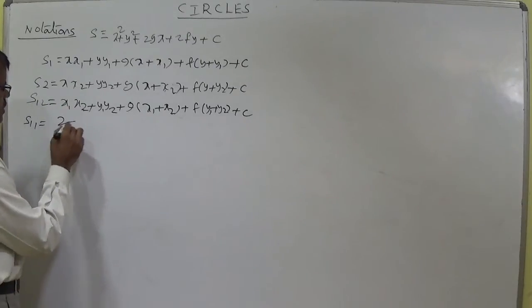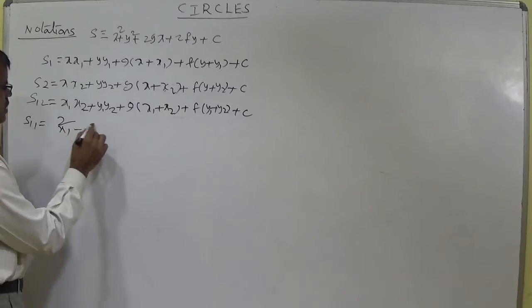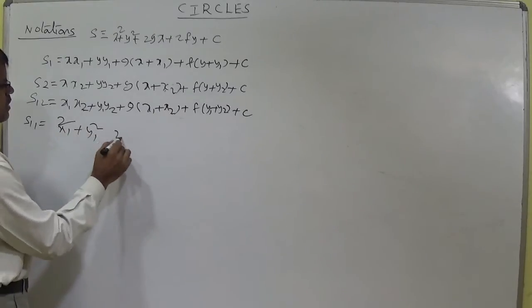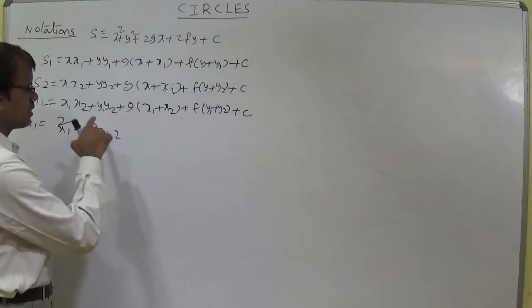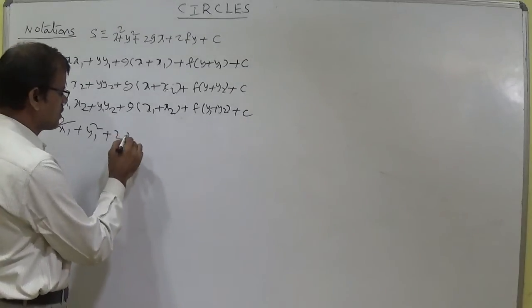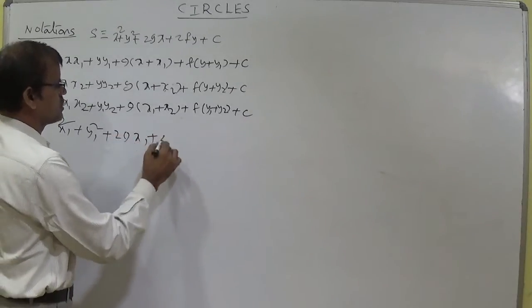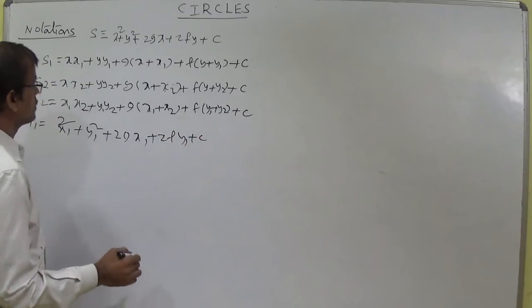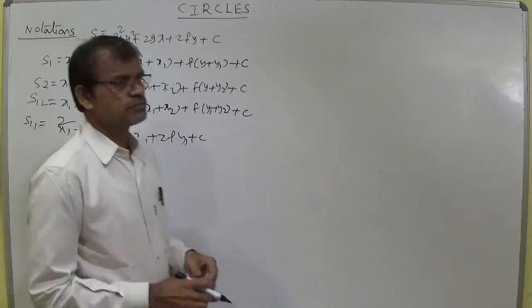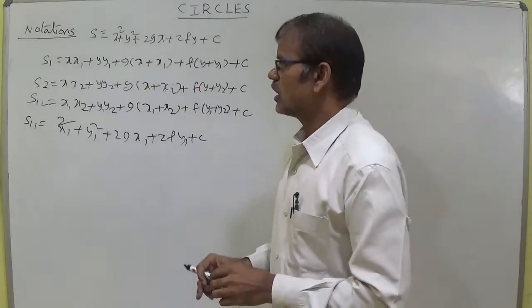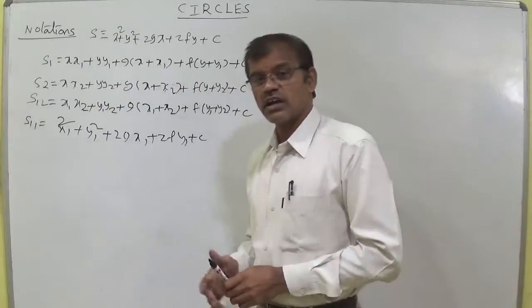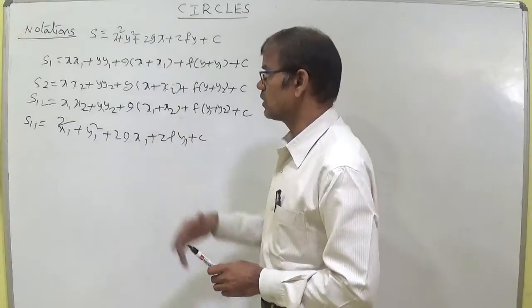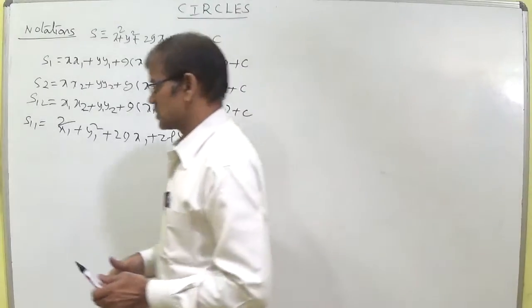So x1 into x1 is x1 square, x1 square plus y1 square plus g into (x1 plus x1), you can write 2gx1, plus 2fy1 plus c. These notations are very useful until the end of this chapter and the end of geometry also. From today onwards, you should remember the notations.